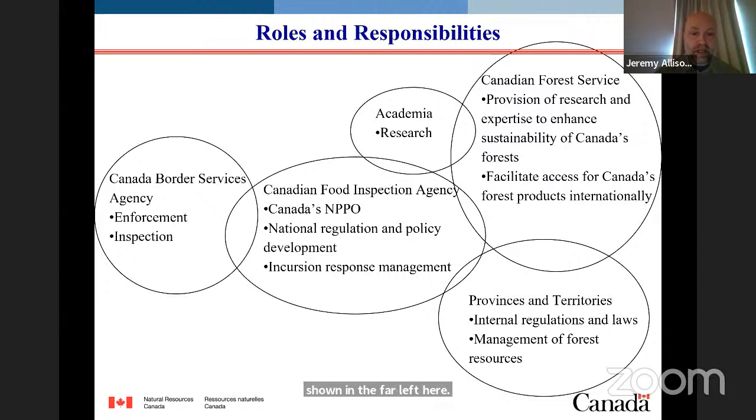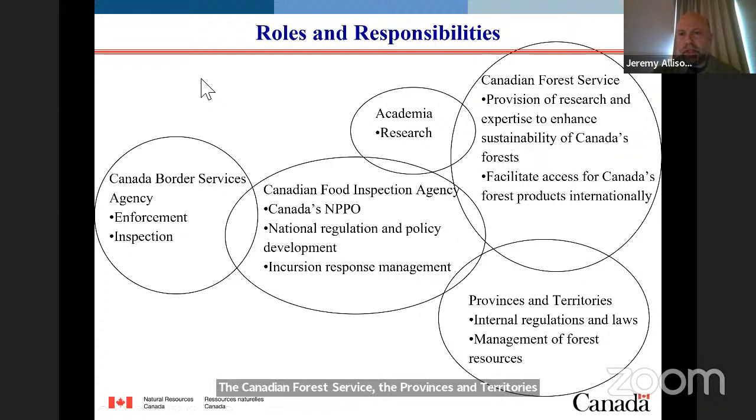The CFIA also does some inspection. They are the national regulation and policy development agency, and they manage incursion responses, but they also do some research, for example, which then places them in overlap with academia, the Canadian Forest Service, and the provinces and territories.